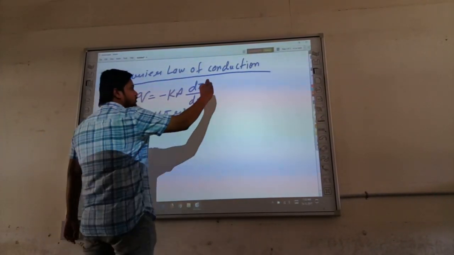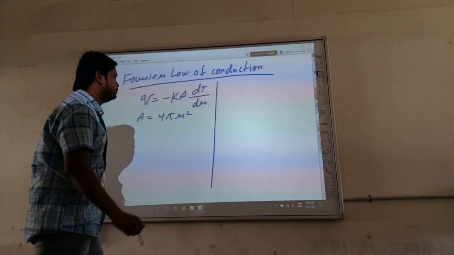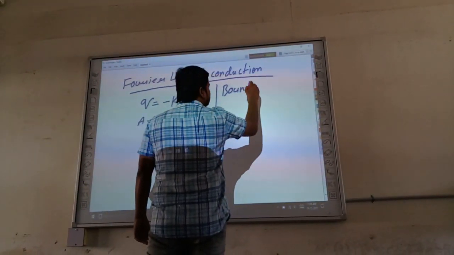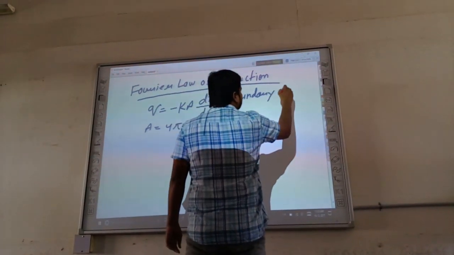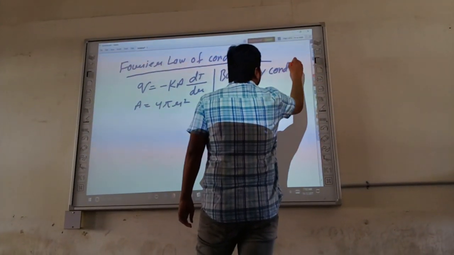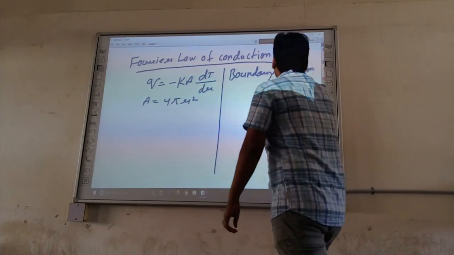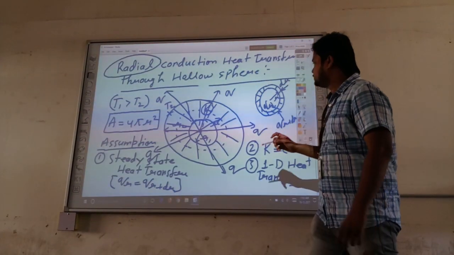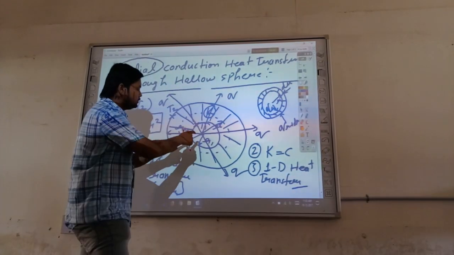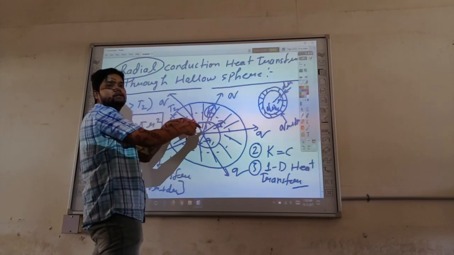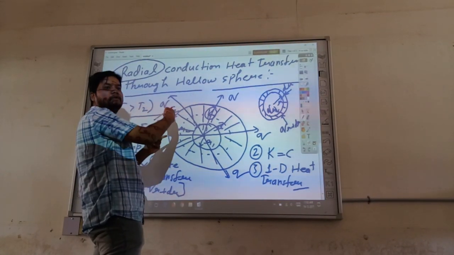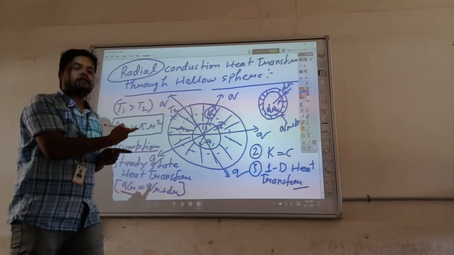We forgot to write the boundary conditions, so we write them here. What are the boundary conditions? At r is equal to r1, temperature is T1. That is the first boundary condition, and second, at r is equal to r2, temperature is T2. That is the second boundary condition.